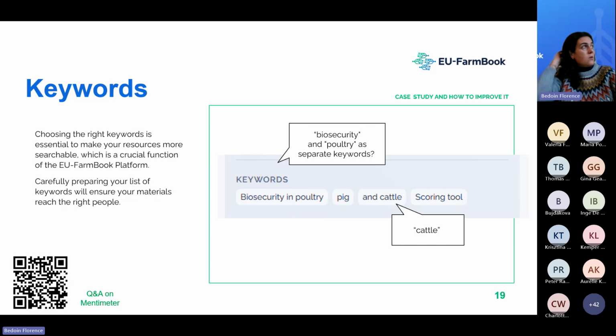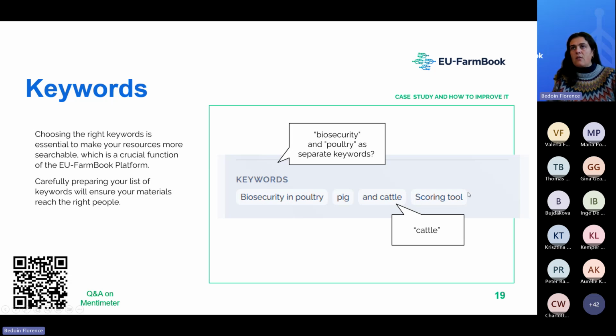When people look for something on the EU-FarmBook, they will put some words on the search which are relevant for them, and the engine will look for that in the title, in the keywords, and maybe in the description. And the keywords are actually quite crucial for finding your materials.